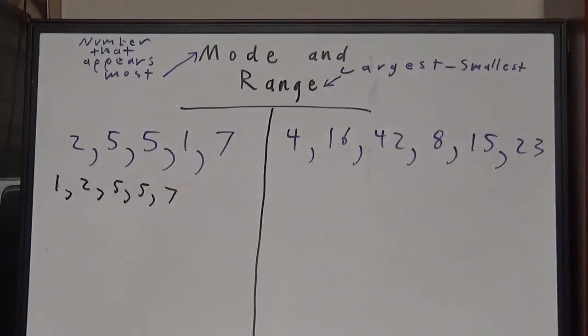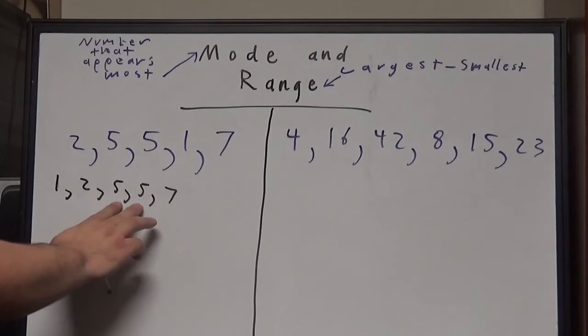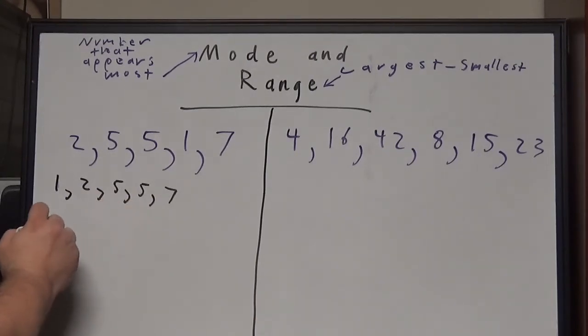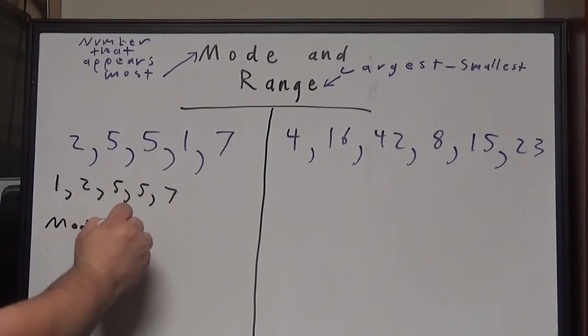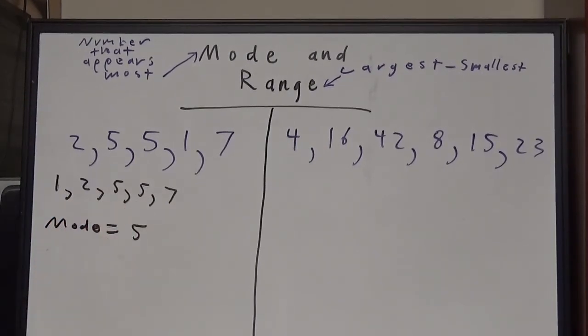So the mode is the number that appears the most in our data set. Well, 5 shows up 2 times, so the mode is 5. Now range.